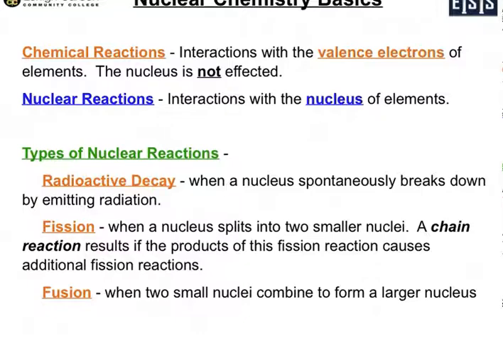And a subset of that is a chain reaction, which may result if the products of that fission go on further and cause more fission reactions. And we'll review that today too. And then fusion, the other reaction, is when two small nuclei combine to form a larger nucleus.